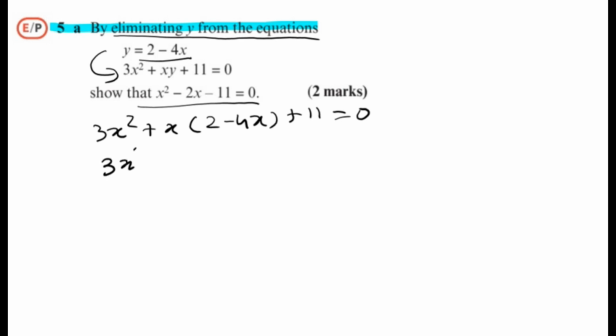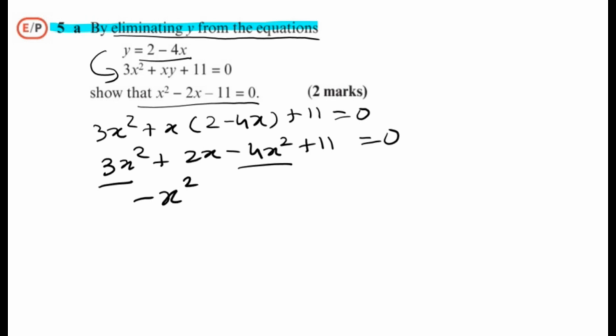3x squared plus 2x minus 4x squared plus 11 is equal to 0. Oh, sorry, 11, not 11x. Then simplify it. 3x squared minus 4x squared gives minus x squared, plus 2x plus 11 is equal to 0.